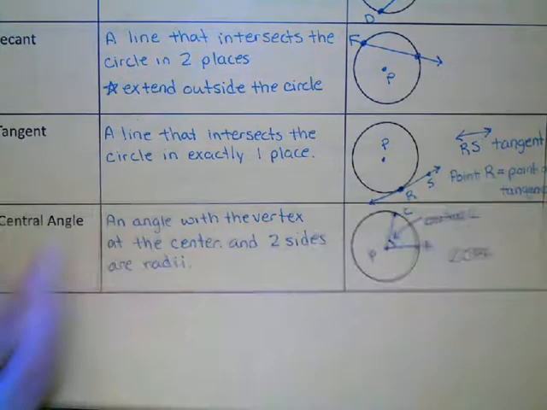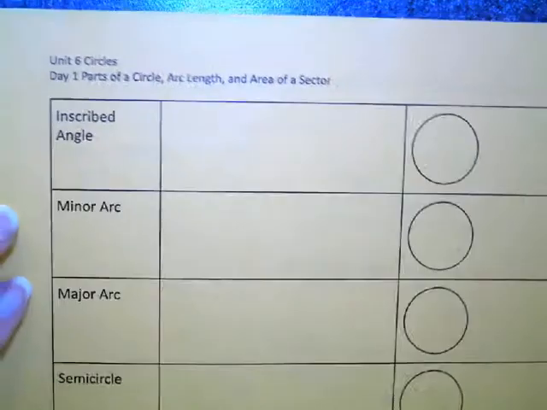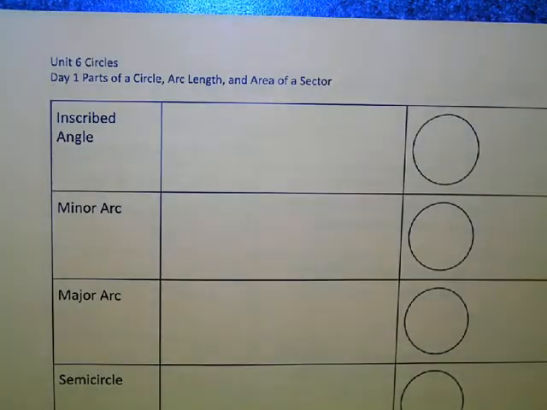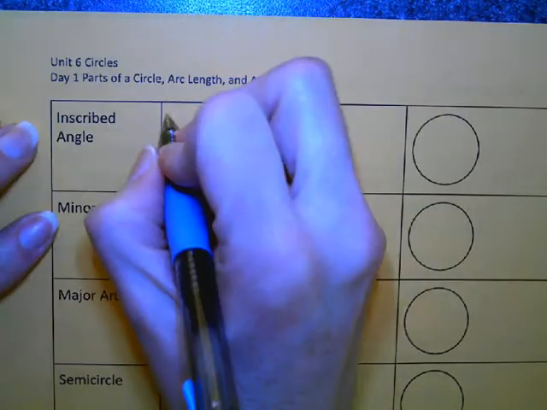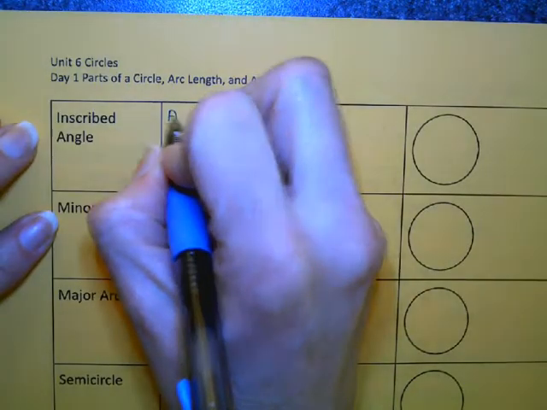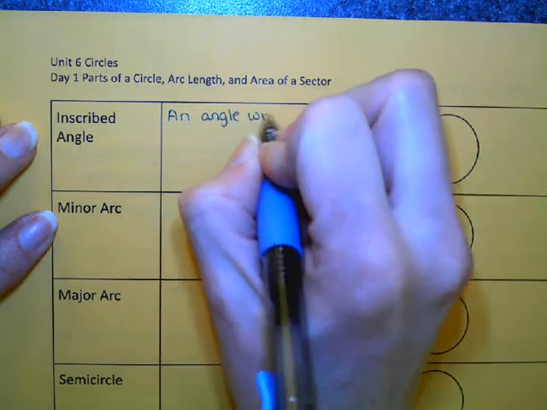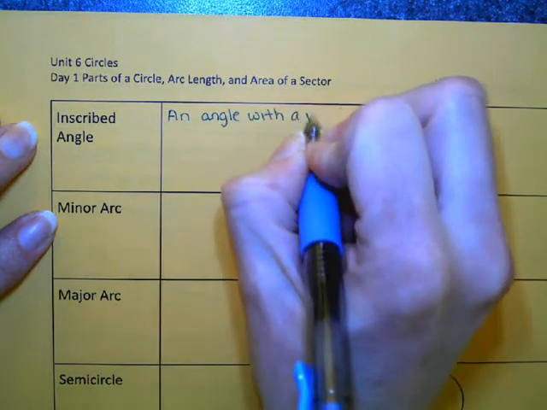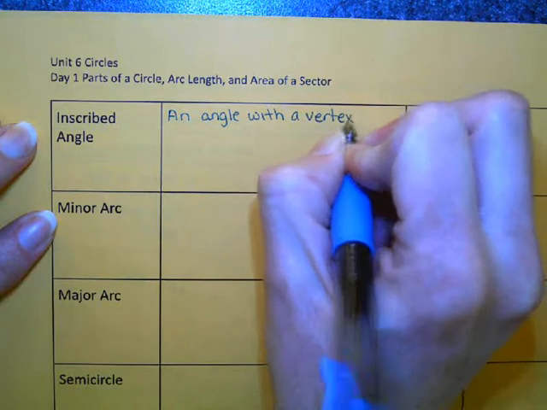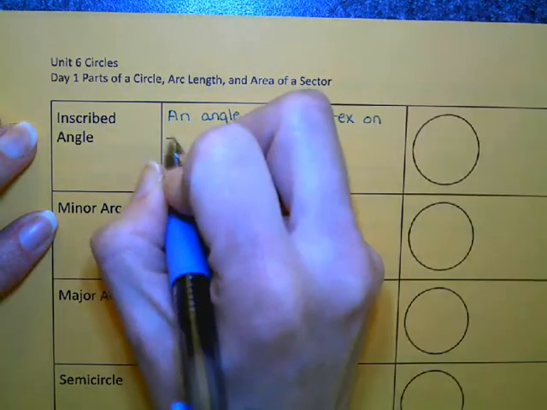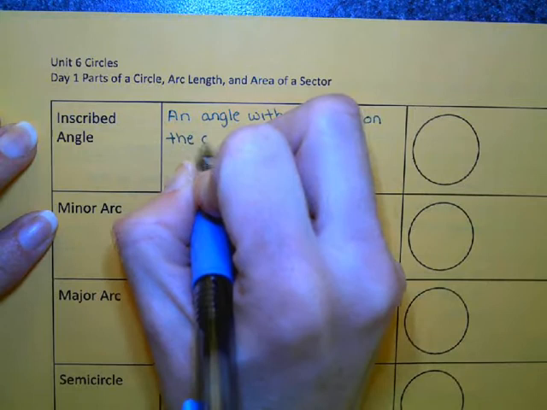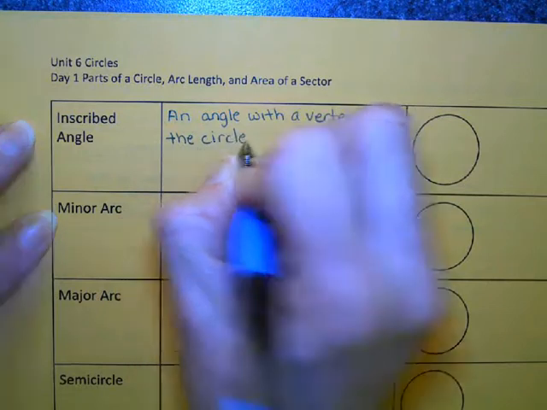We have another type of angle. This one's called an inscribed angle. An inscribed angle is an angle with a vertex on the circle. And the two sides are chords.